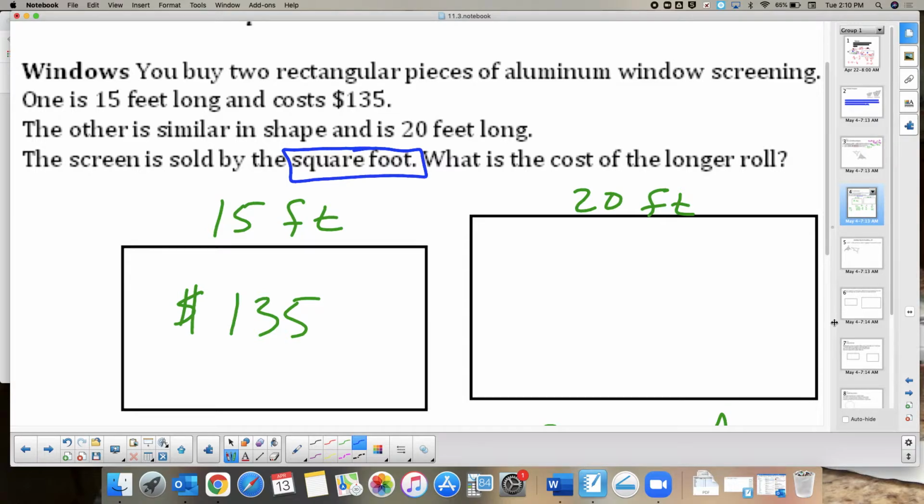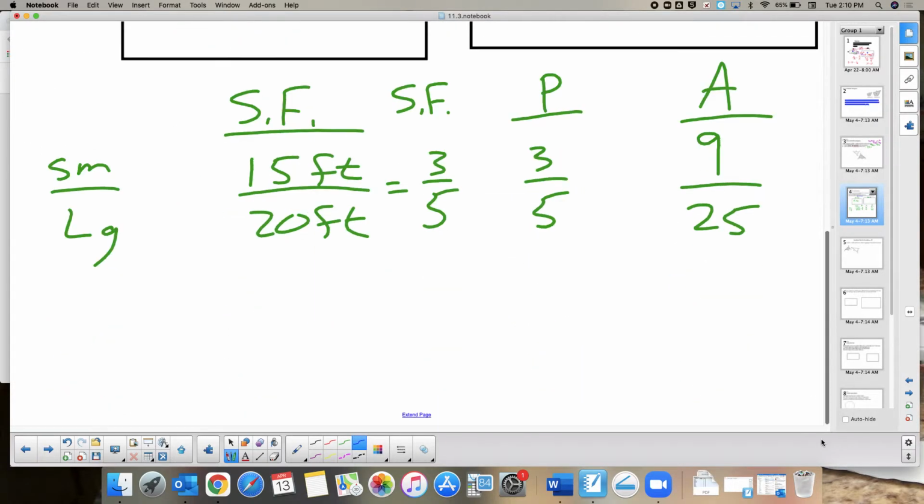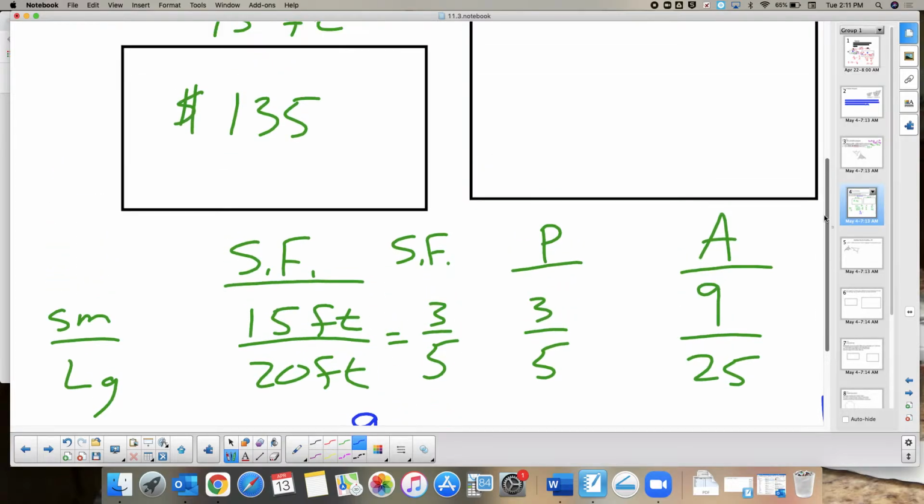So the ratio of our areas here, we said was 9 to 25. That will be equal to the price of each. Well, the price of our small one, they told us, was 135. Remember, small is on top in our ratio. So we're going to have 135 over x.